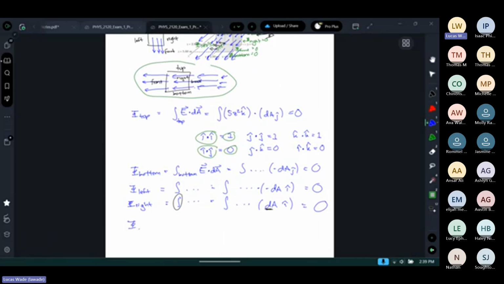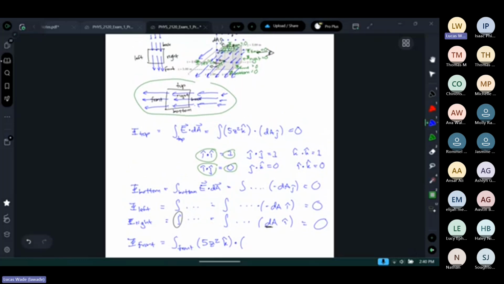So let's do the front face. We have to do this integral over the front, and now I'll write it out again. So what are our area vectors for the front face? dA k hat. Correct, because they're all poking out this way on the front.